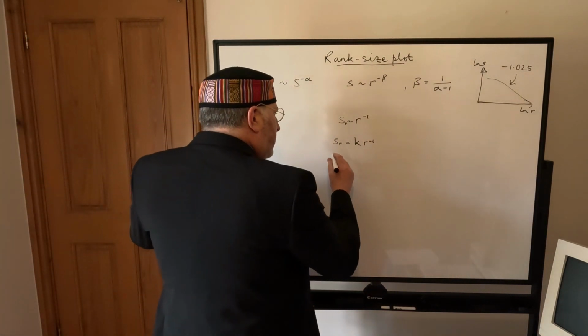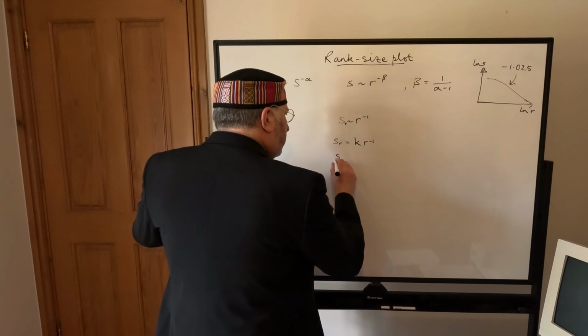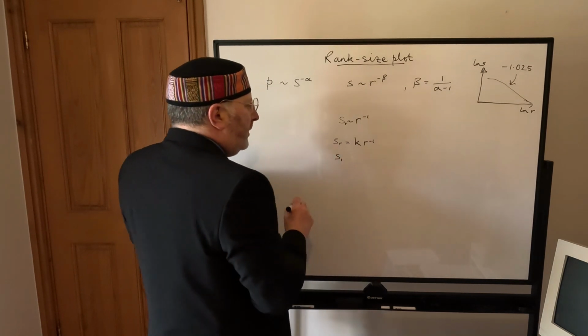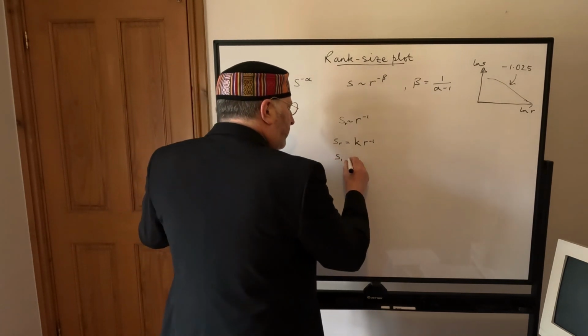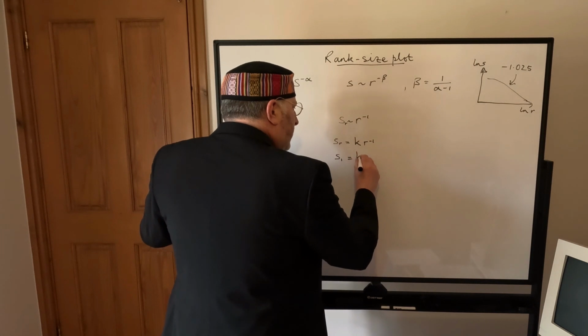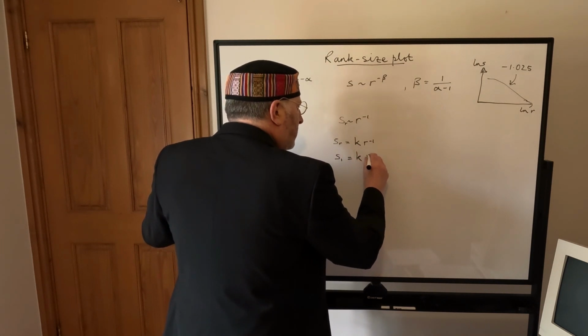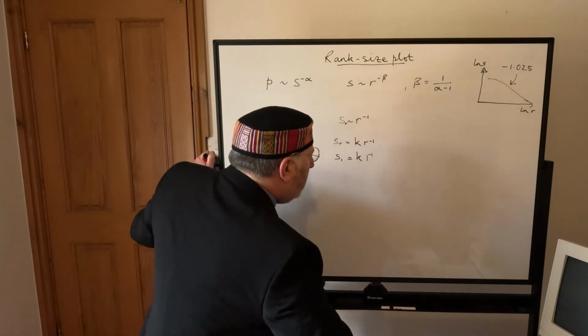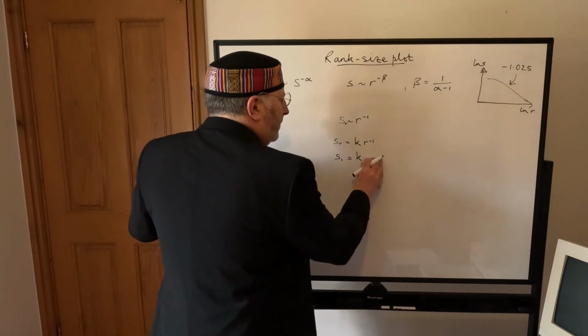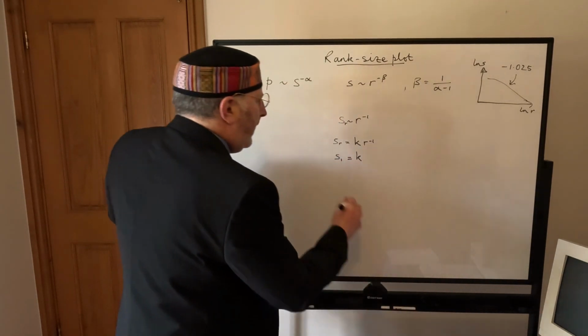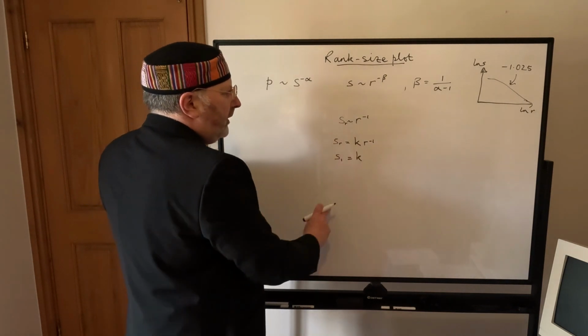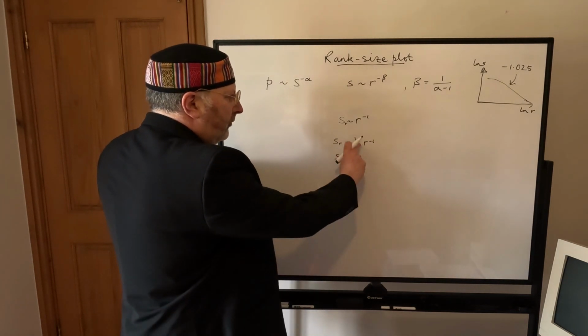But what about when the rank is 1? Then we'll have S1, the size of the item ranked 1, is going to be K times 1 to the minus 1. Well, 1 to the power of anything is 1. So S1 equals K, or in other words, K equals S1.